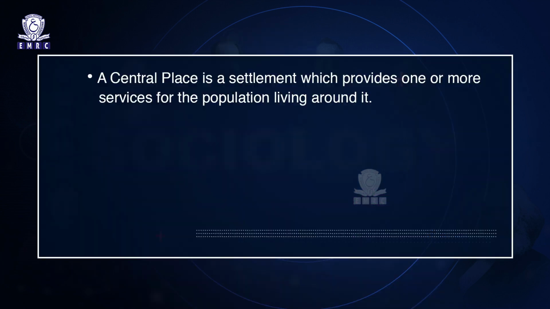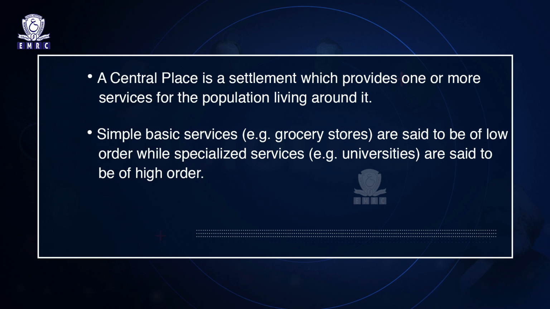Now, we will discuss the terminologies related to central place: low order, high order, and sphere of influence. A central place is a settlement which provides one or more services for the population living around it. Simple basic services like grocery stores are said to be of low order, while specialized services such as universities are said to be of high order.